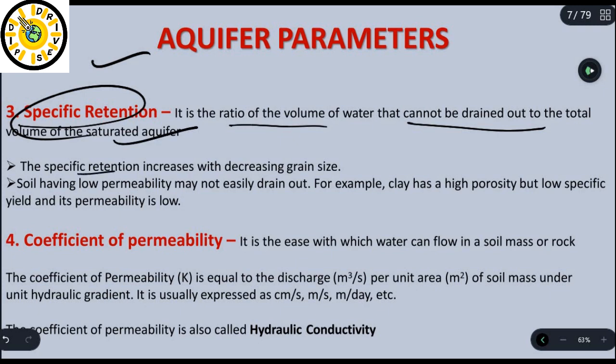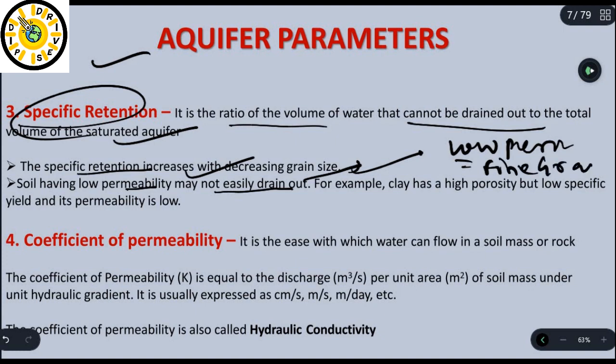Specific retention increases with decreasing grain size, as I just told you. Soil having low permeability may not drain easily, like fine grained rock. Fine grained rock does not drain easily from the formation. Example, clay: high porosity but low specific yield.